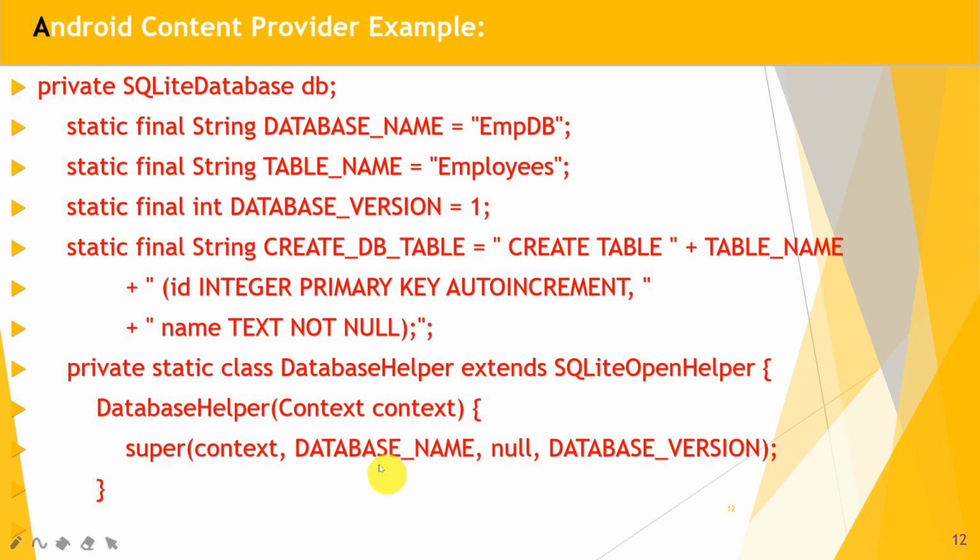After creating the database, we have to create tables in that particular database. So the database name is employeeDB and the table name is employees. Great. And the employees table contains two columns, that is ID and name. Guys, hope you understand this part.